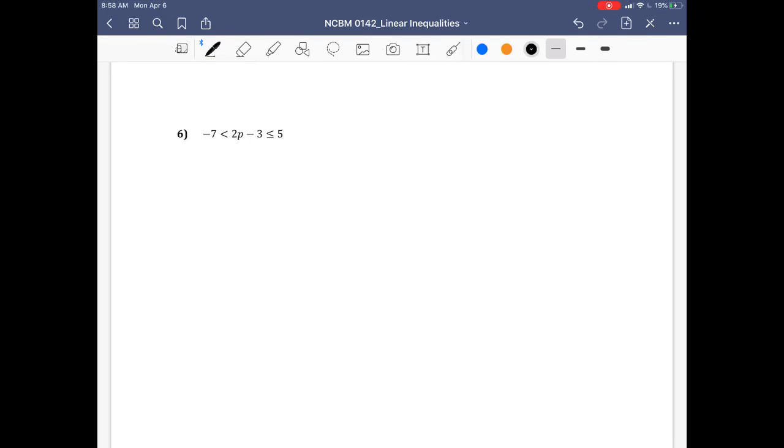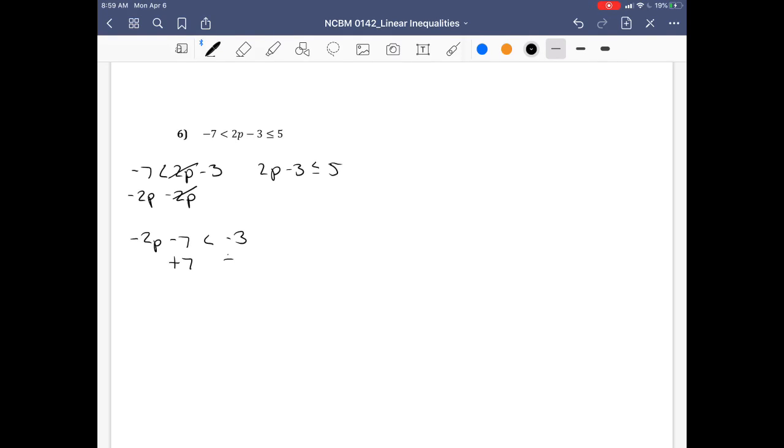So on this one, we have that negative 7 is less than 2p minus 3, and I have 2p minus 3 is less than or equal to 5. Solve like we did on the previous problem. So I have negative 2p minus 7 is less than negative 3.